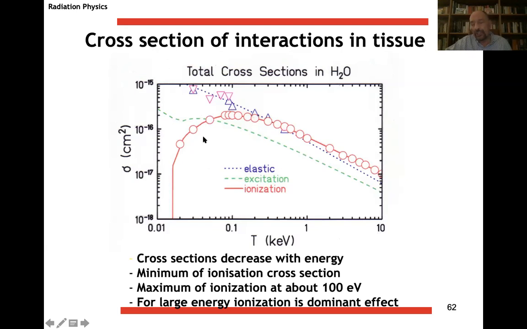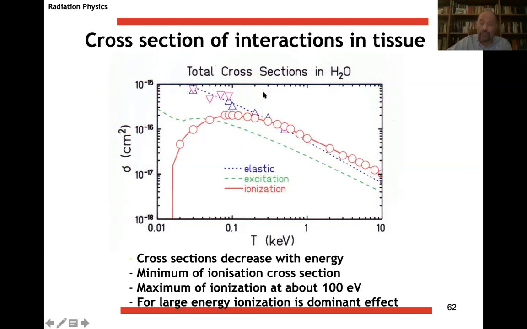So what is interesting to observe in this plot is that the elastic cross-section just decreases. This is a log-log scale, of course. So the elastic cross-section decreases essentially exponentially, as you could expect. I mean, it goes down and down and down. The higher the energy, the lower the probability of elastic scattering.